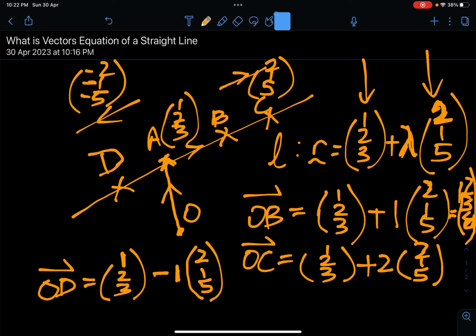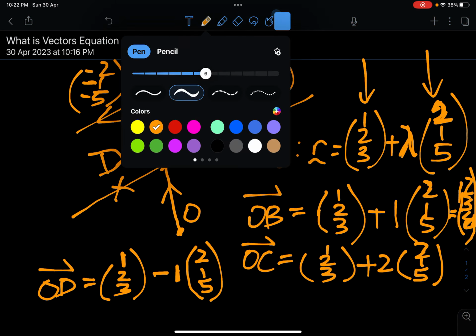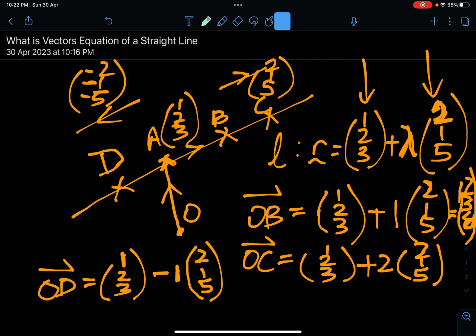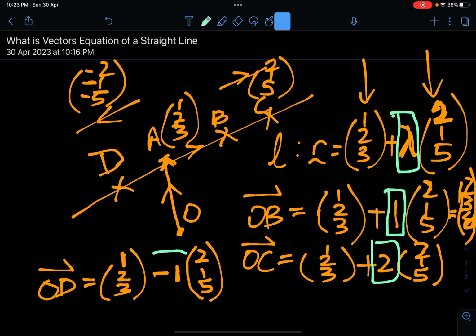So from here you can see that all you need to do is vary this lambda. So for OB lambda is 1, for OC it is 2, and for OD it is the opposite direction, so it's minus 1.